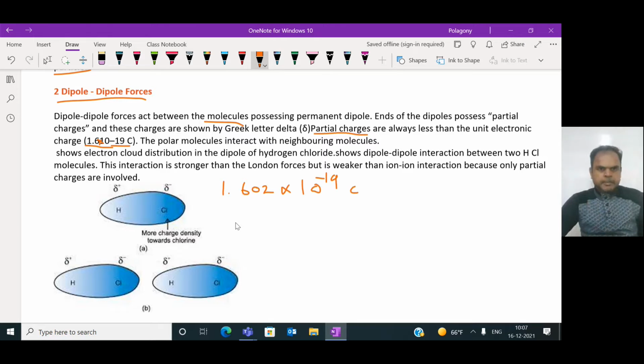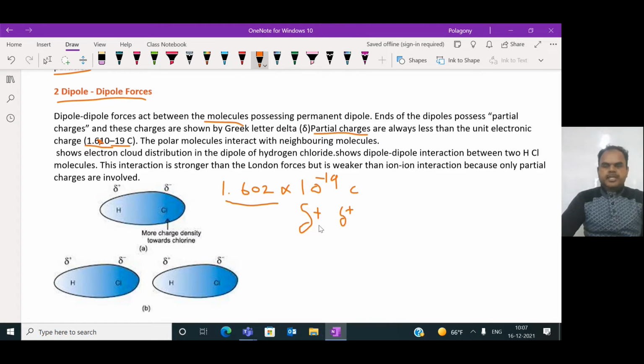Less than this charge is said to be partial charge, a fraction of charge, and that is indicated with the delta symbol, delta negative or delta positive. The delta indicates less than the charge of one electron.